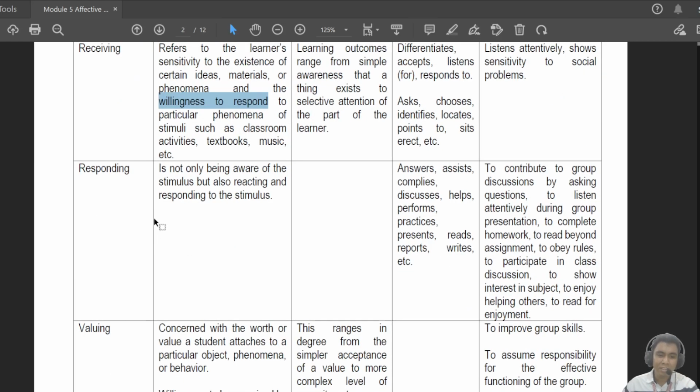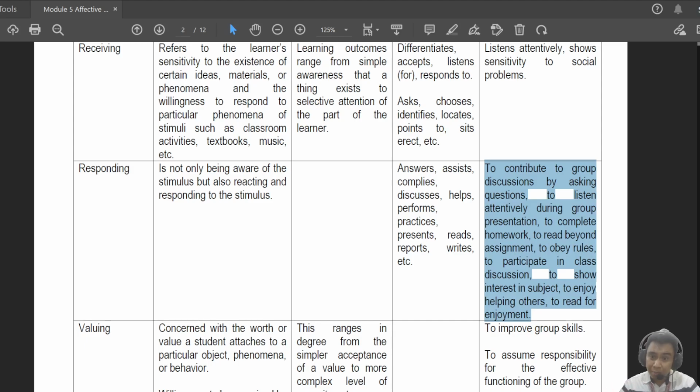The next level, after they receive it, is responding. That's why I told you earlier to note the willingness to respond, because the next level is actually responding. That is the main focus of this second level. The sample verbs as suggested by Corpuz and Salandanan are: answers, assists, complies, discusses, reads, writes, reports, etc. Your main goal here is to get an output from the learners, to get their opinion, their say, what they know, what they have gathered from your lesson.